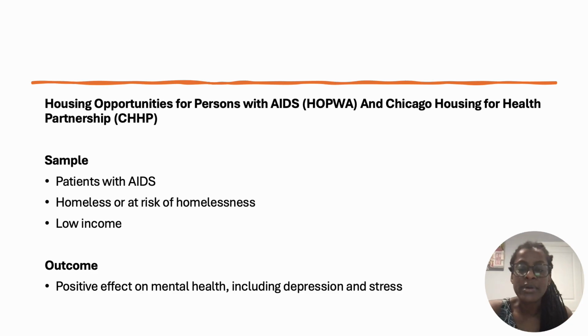Why is this important? Depression and stress impact how we function in our daily lives, and how we function can impact our physical health. Our mental health impacts our physical health. As I mentioned earlier, mental and physical health often have a bidirectional relationship, meaning one can influence the other.